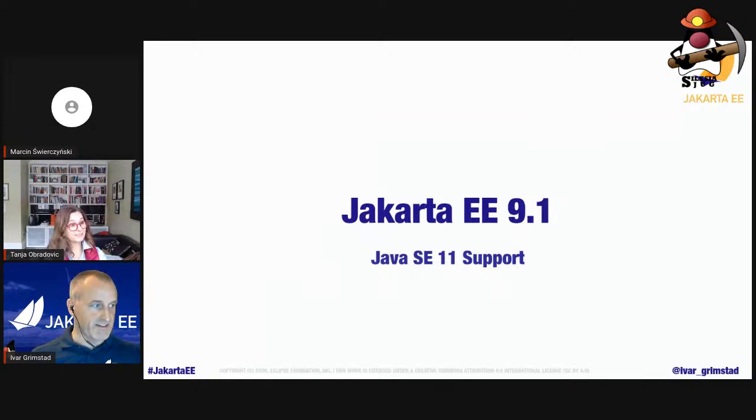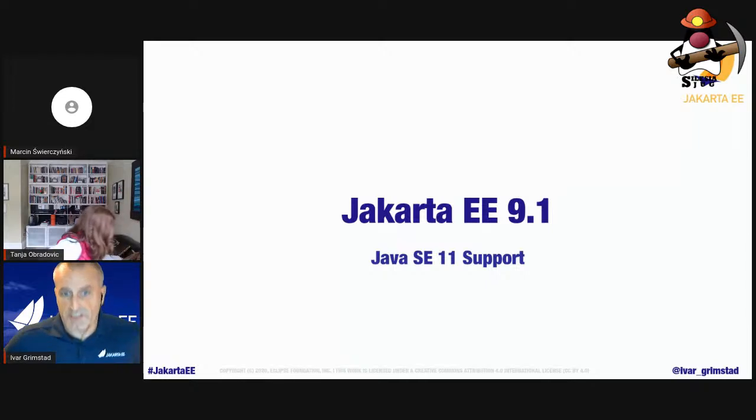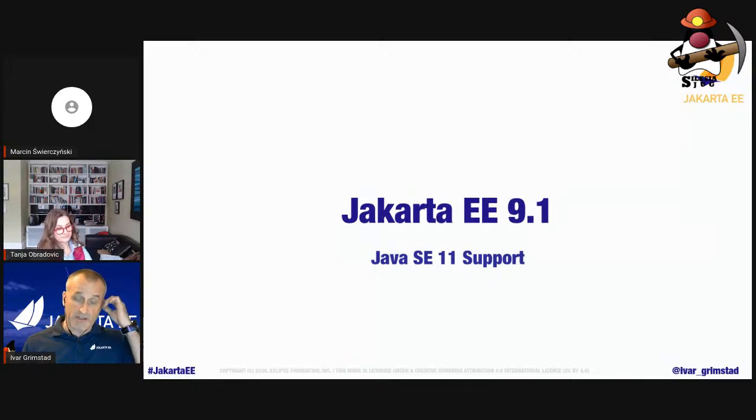And let's look a little bit ahead. We have a Jakarta EE 9.1 coming up. Why do we have it so soon? We wanted to support Java SE 11 in Jakarta EE 9, but it turned out to be a little bit hard to get all the tests to work, and that is the test suite problem here.